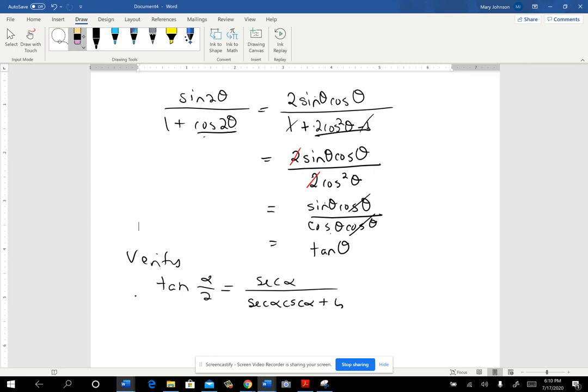Oops, starting to lag just a little bit. Okay, so that's what I'm trying to verify.